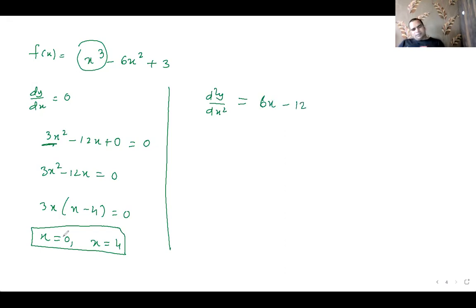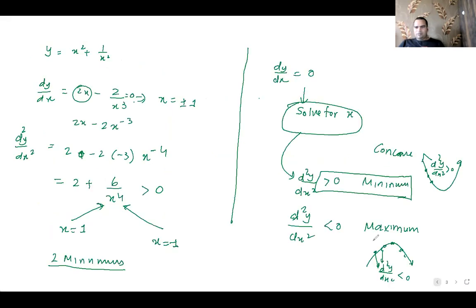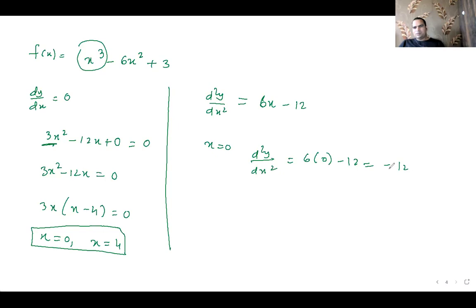Now you plug x as 0 here. If I take x as 0, my double derivative at x equals 0 will be 6 times 0 minus 12, which is negative 12. Since we just learned that if your double derivative is negative, it's a maximum, when x is 0, my double derivative is negative, which indicates a maximum at x equals 0.